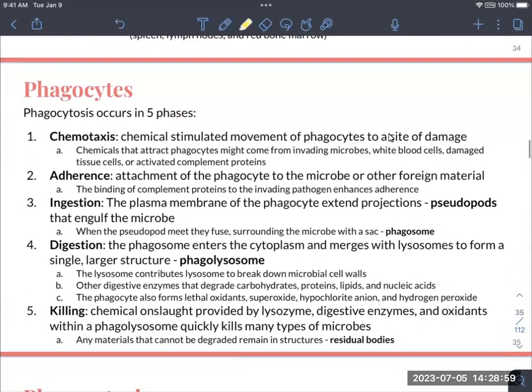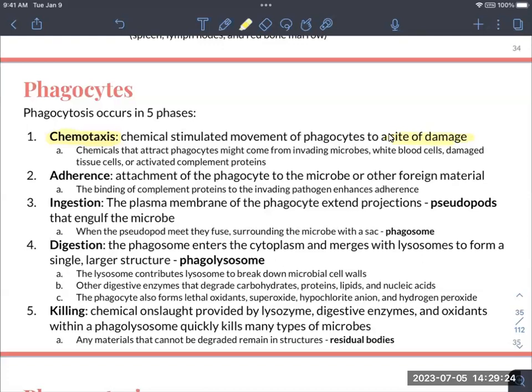So phagocytes are going to go through 5 phases. Chemotaxis. Chemotaxis is when they move between the cells and get to that site of infection, damage, whatever might have happened.